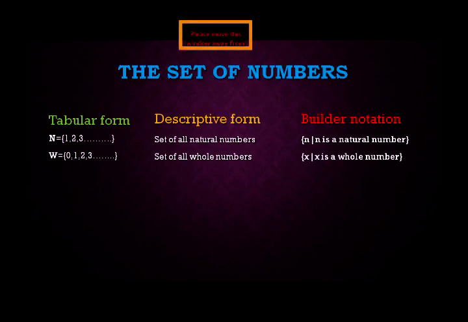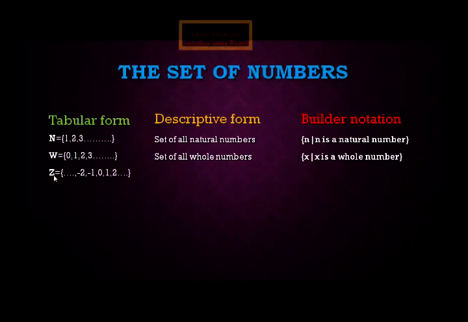Set builder notation: here I have used X, as I have already told you, you can use any alphabet. So x such that x is a whole number. Now Z equals -2, -1, 0, 1, 2, 3. What is this?